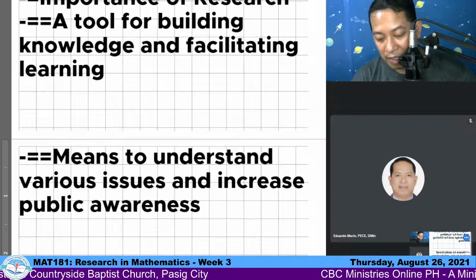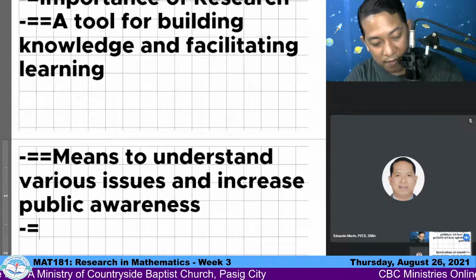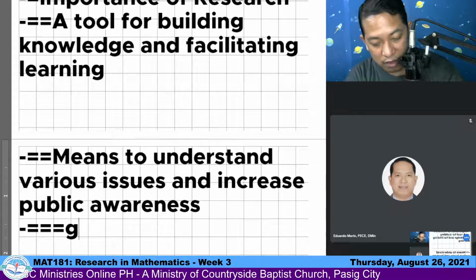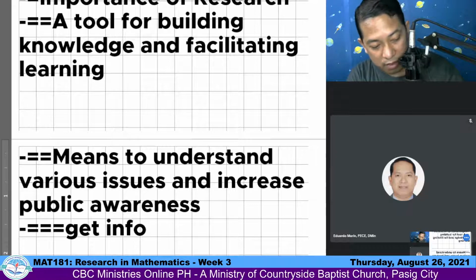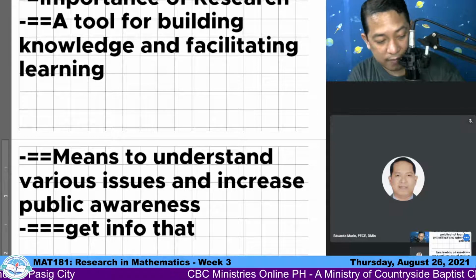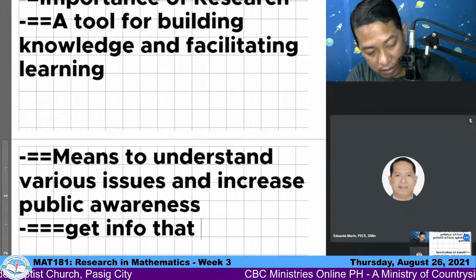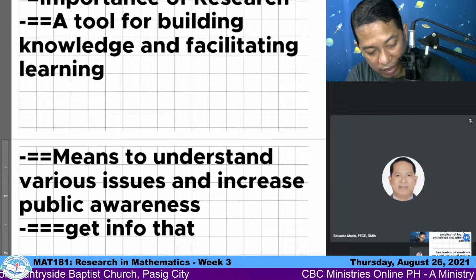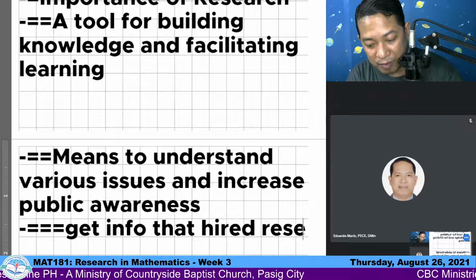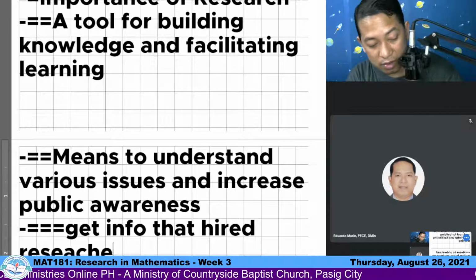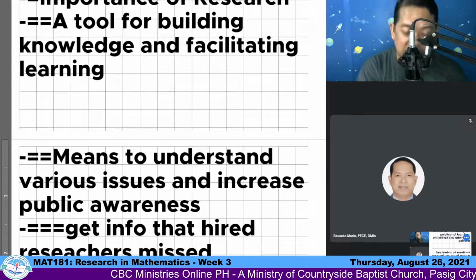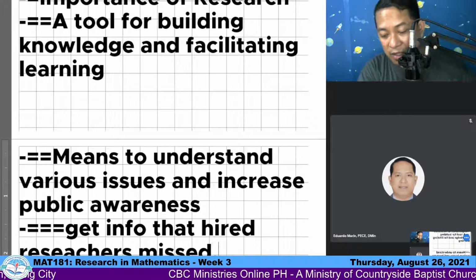In terms of public awareness, of course, there are steps that we could consider. We could get information that is hard to get. Sometimes kasi yung mga research may mga na-miss pang information, perhaps a limitation on their instrument.